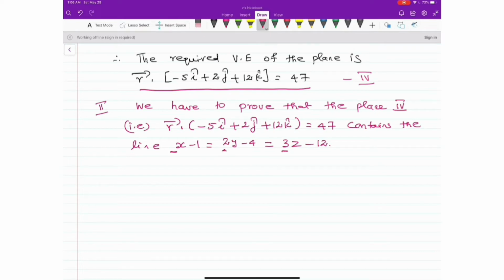So, first let us convert that, only then we will get to know the point on the line as well as the direction ratios of the parallel direction of the line. Okay, so we can write the given equation of the line.